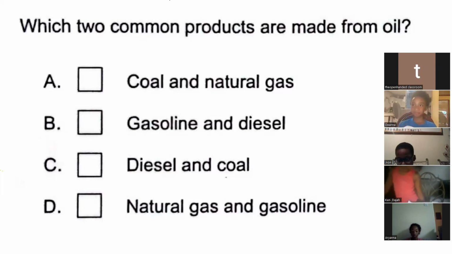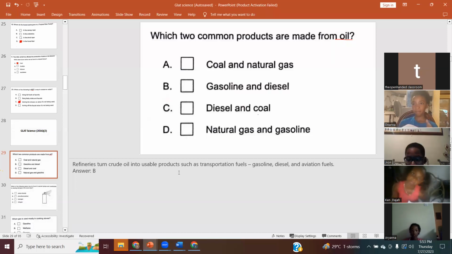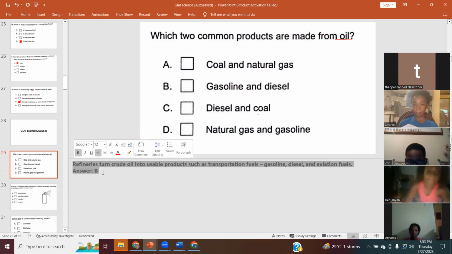So we want two common products made from oil. Read the answer for me, please.